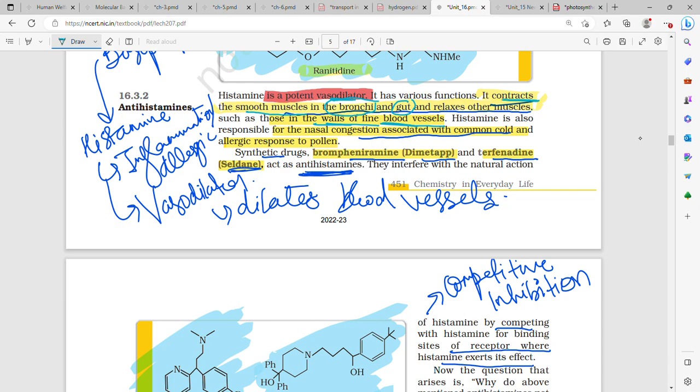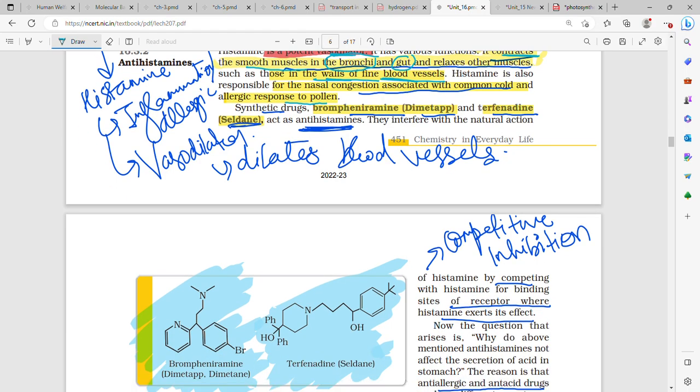It is also responsible for nasal congestion associated with common cold and allergic response to pollen. So for causing inflammation and allergic response in the body, as well as for nasal congestion, as well as for dilation of blood vessels and constriction of smooth muscles in bronchi and in the gut, histamine is responsible.